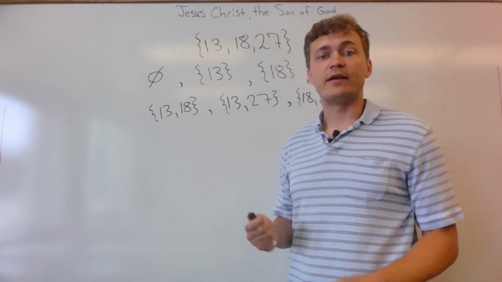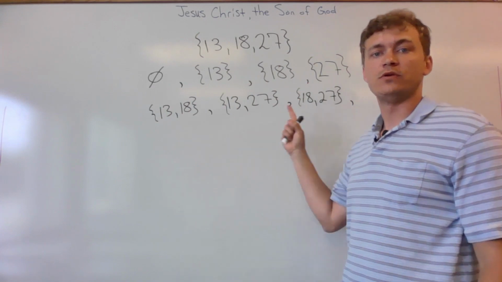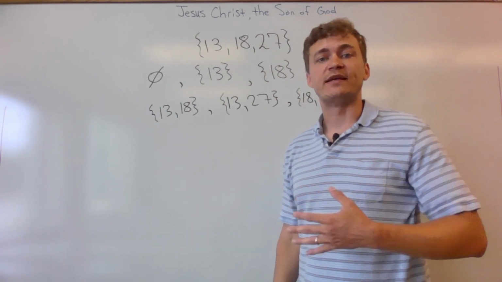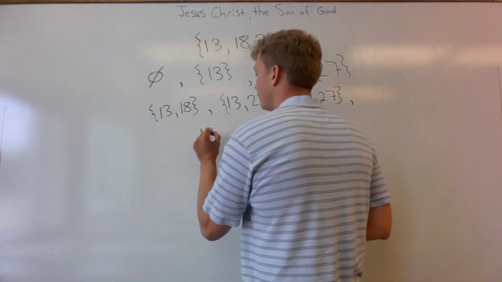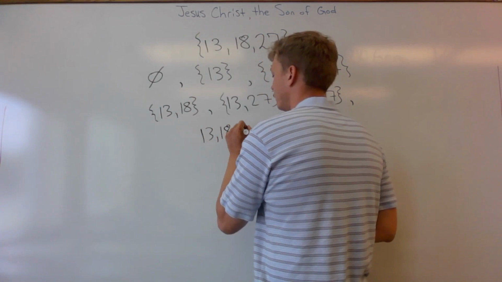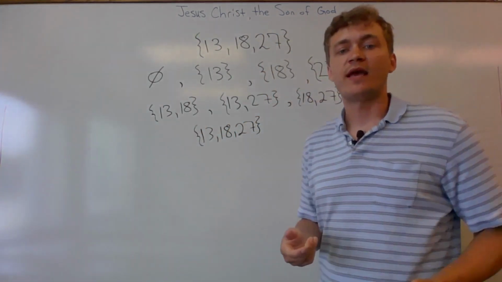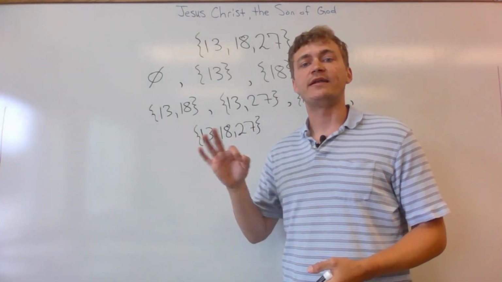And then lastly, after 0 elements, 1 element, 2 elements, the 1 subset that contains all 3 elements is the set itself. So as we can count here, how many subsets will we have when our set contains 3 elements?